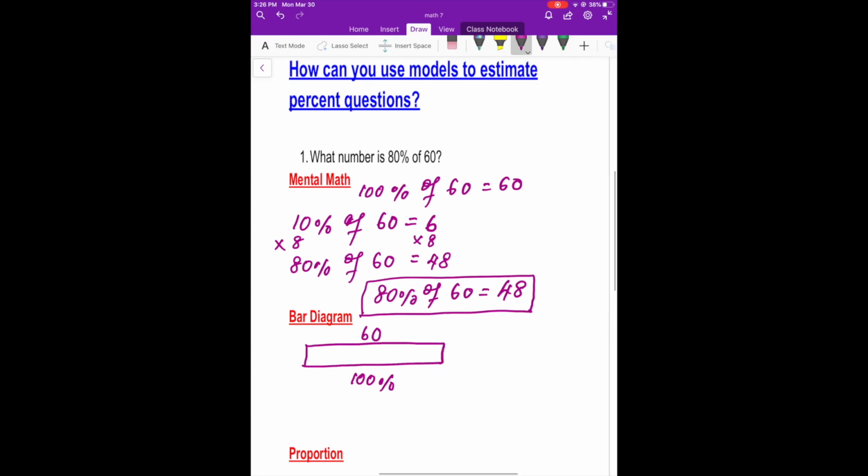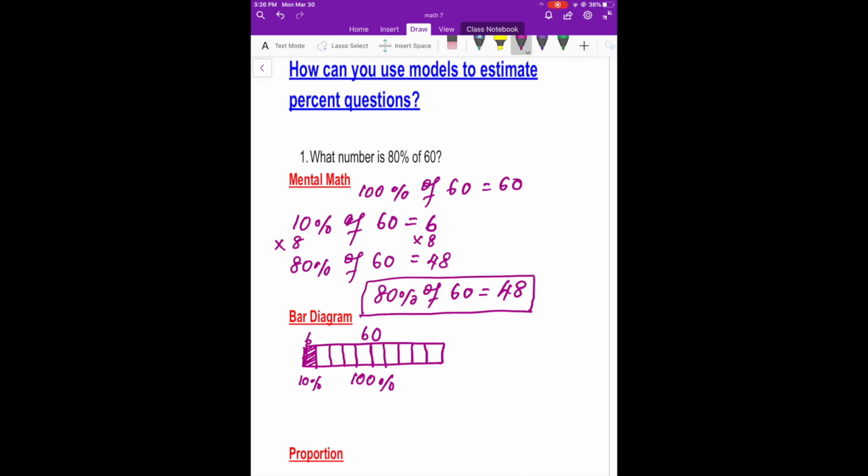If you divide the one whole into 10 equal parts, say this is about 50%: 10, 20, 30, 40, and 1, 2, 3, 4, 5. So 50, then 60, 70, 80, 90, and 100. They are all equal to each other. So this is like 10%.